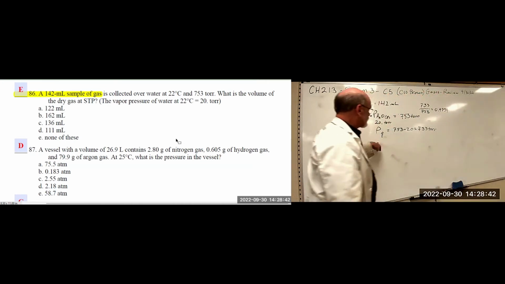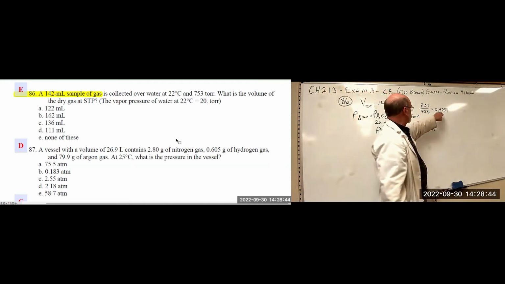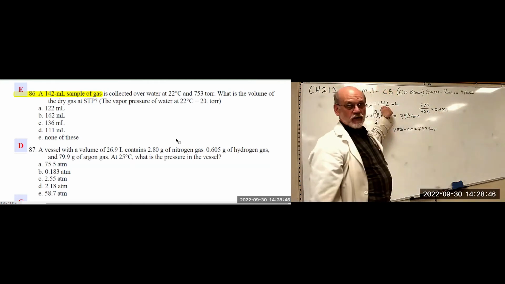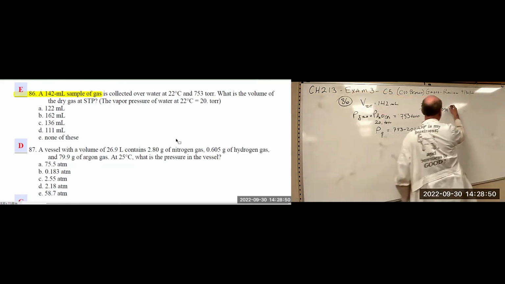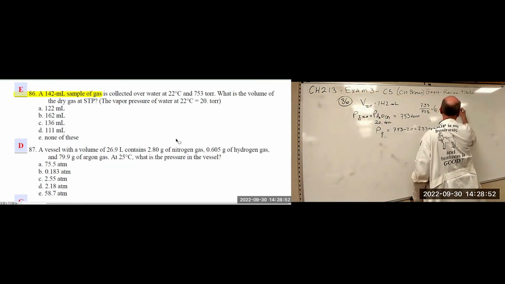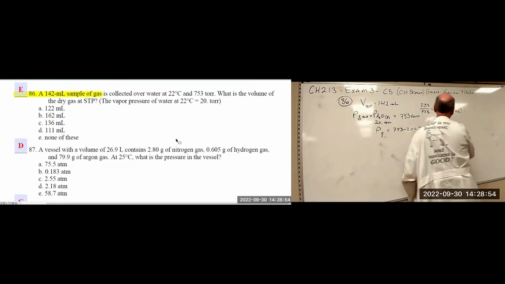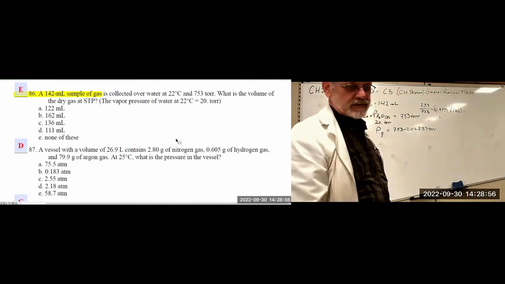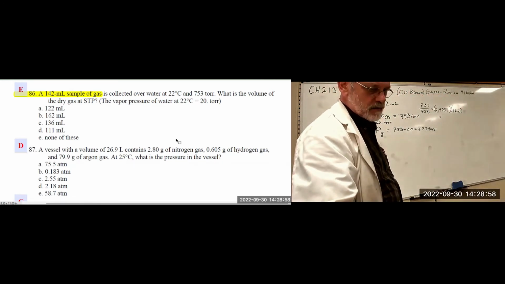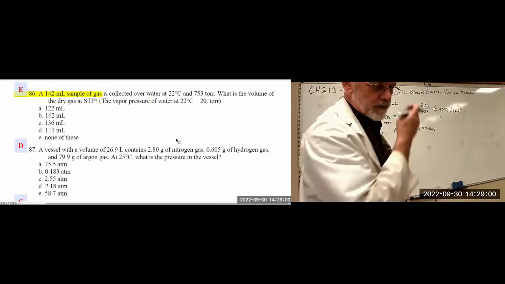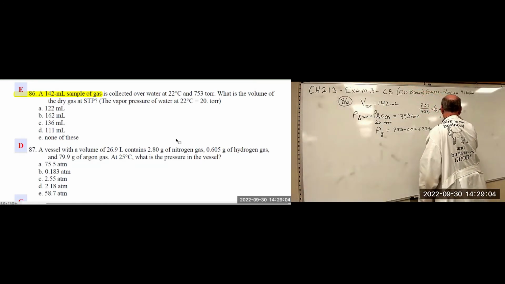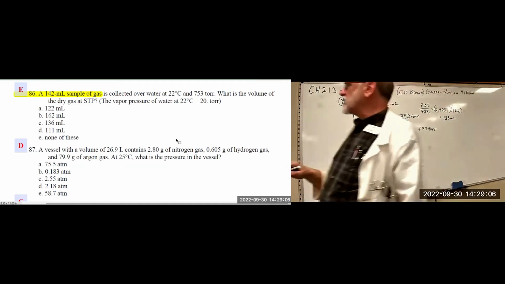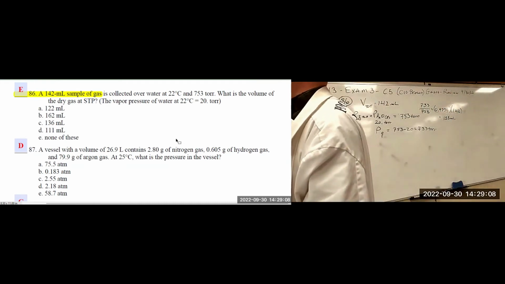So our gas occupies only this portion of that volume, and the rest of it is occupied by water vapor. So if we multiply that times 142, we should get the volume that's occupied by our gas. 138. Which is not up there.